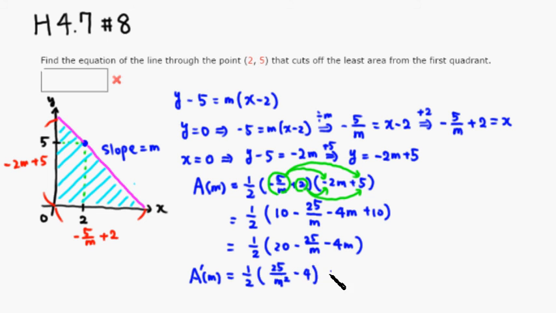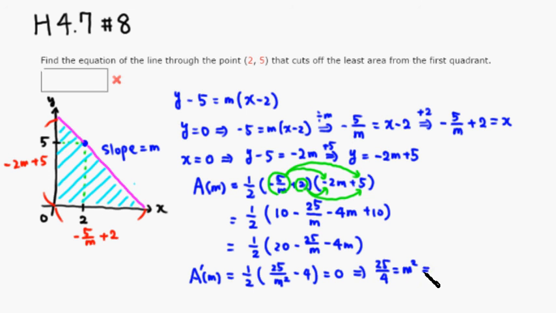We set this equal to 0 to find a critical number. I'm going to solve for m squared first, so we get 25 over 4 is equal to m squared.